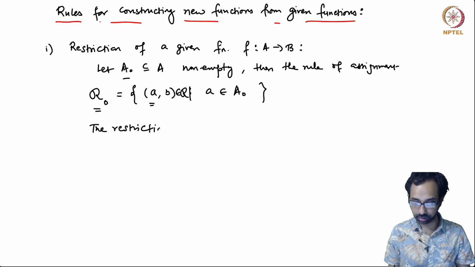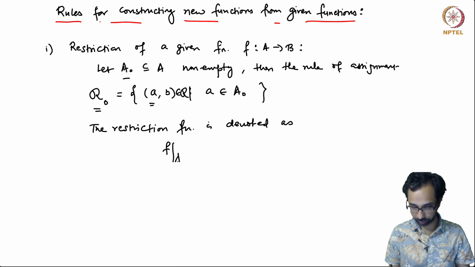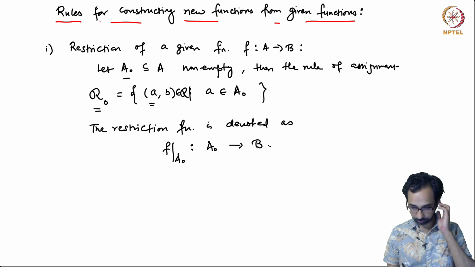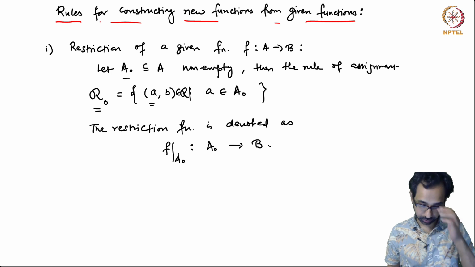So the restriction function is denoted as f with a vertical bar, and you write A naught in the bottom, and this is a map from A naught to B. So this is a restriction of a function.